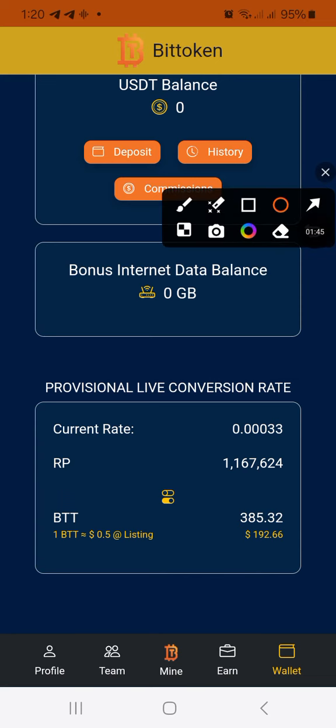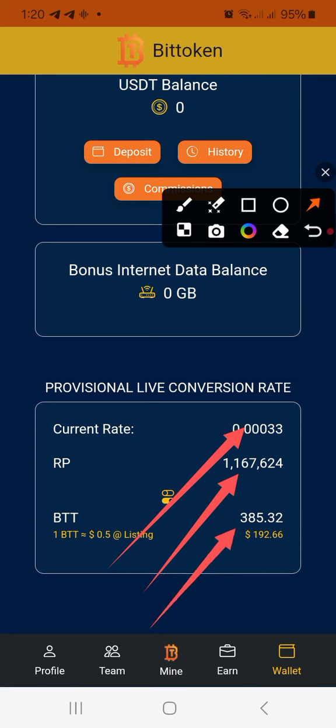We overlook things like the current rate here, and here the amount of reward points that you have. This amount, which is the amount of Bittoken based on the amount of reward points and the current rate, will reflect here.